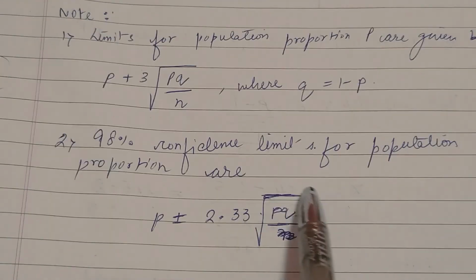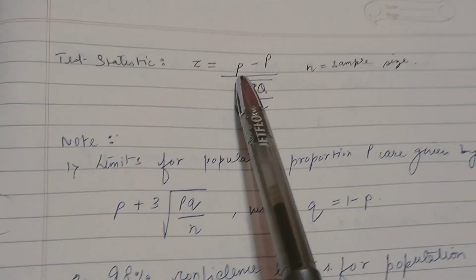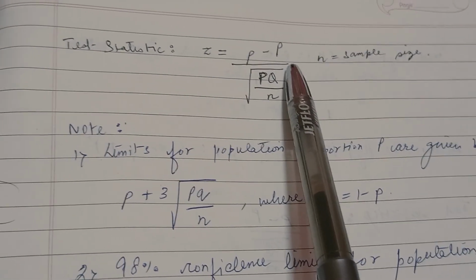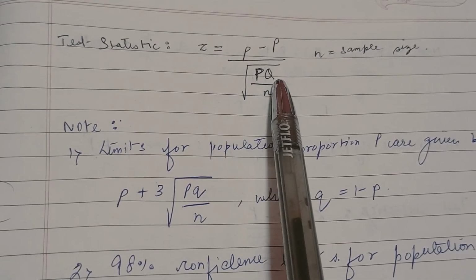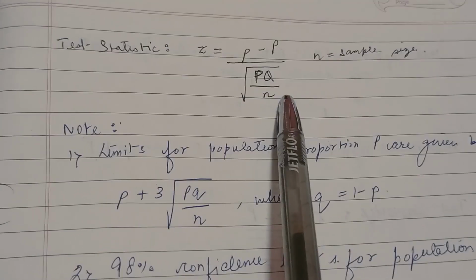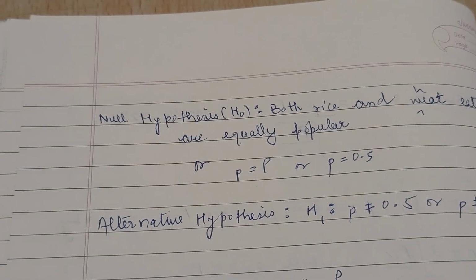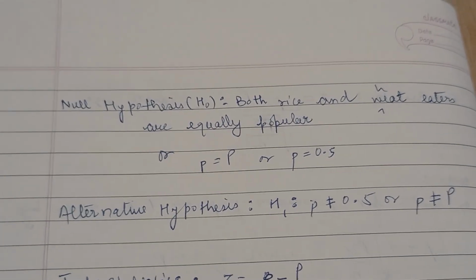Now, what is the formula? The formula is Z equals small p, that is the sample proportion, minus capital P, that is the population proportion, divided by the square root of capital P into capital Q divided by small n. What is small n? Small n is the sample size. Now we will assume our null hypothesis, H naught.